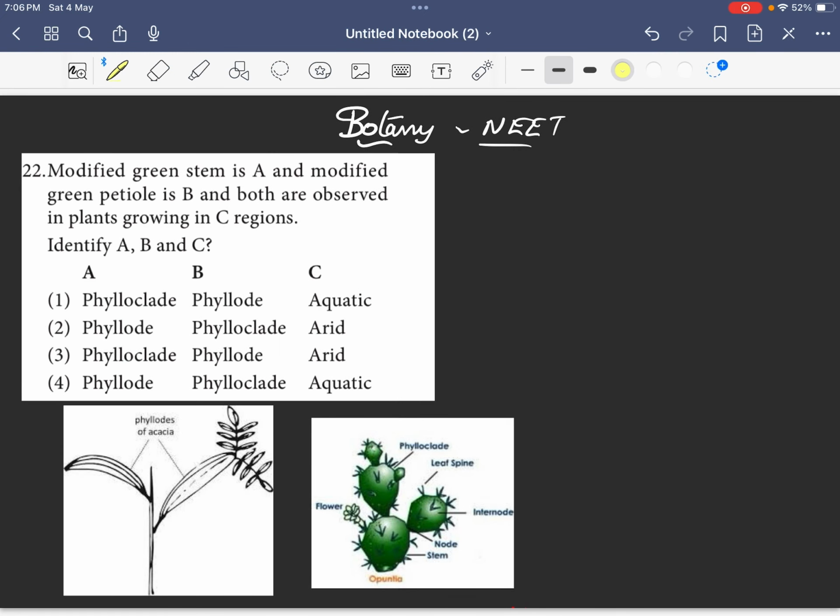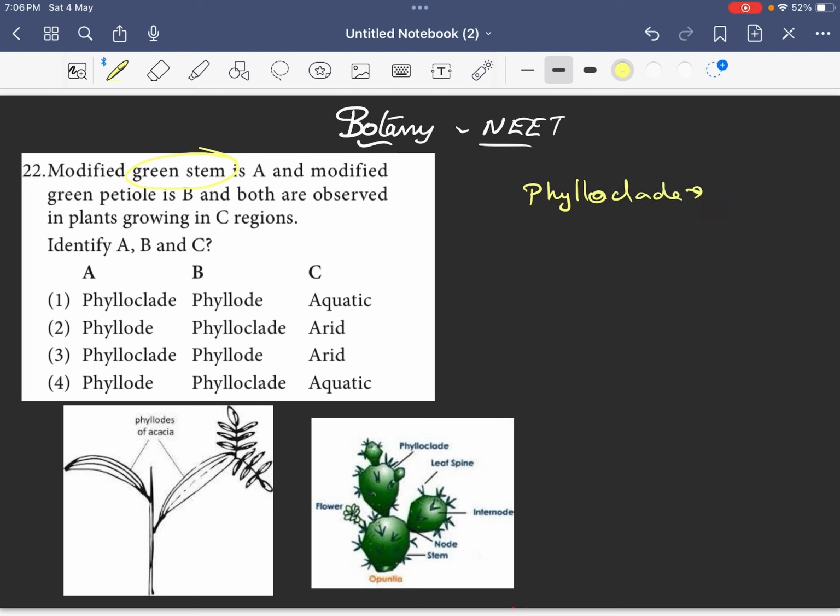Here the question states modified green stem as A and modified green petiole as B, and they are asking about the region in C. So we have to find what A is, what B is, and which region it belongs to, the characteristic feature. Since they have mentioned a green stem, as you can see in the picture, they are talking about the phylloclade, right?